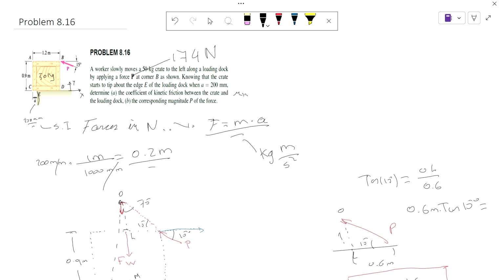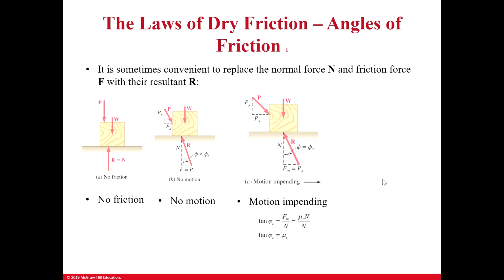Well, if you remember from the very first introduction to friction, we said that the static coefficient is equal to the tangent of the angle, and that was when we mentioned the laws of friction.